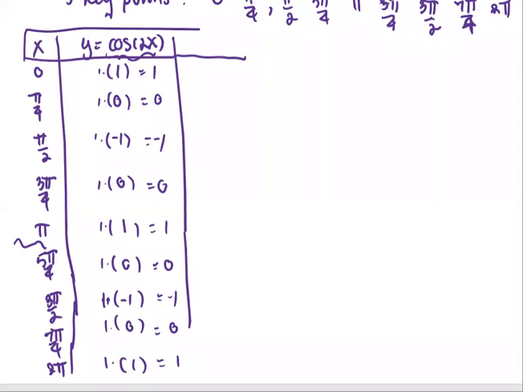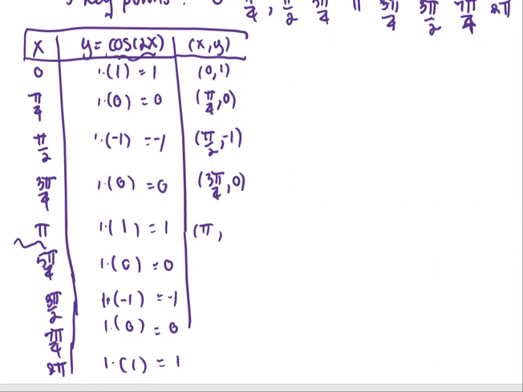And then we can make a list of the ordered pairs x, y as 0, 1, pi over 4, 0, pi over 2, -1, 3 pi over 4, 0, pi, +1, 5 pi over 4, 0, 3 pi over 2, -1, and the next is 7 pi over 4, 0. The last one is 2 pi, 1.